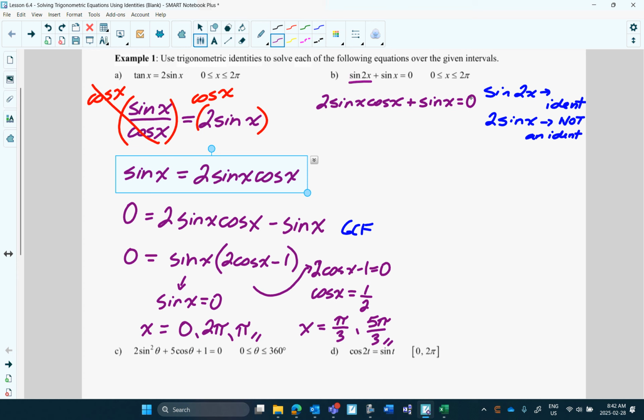Wow, it almost looks identical to this one. Because when we factor, it's a GCF, we can take out a sine x and be left with 2 cos x plus 1 equals 0.